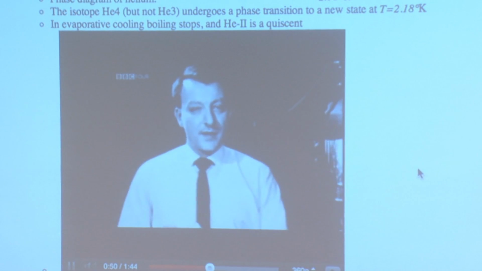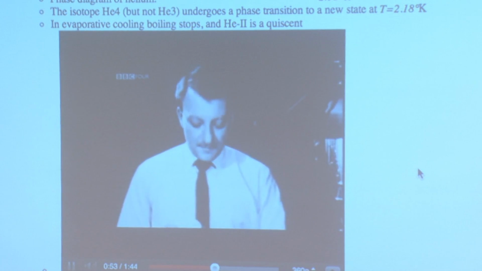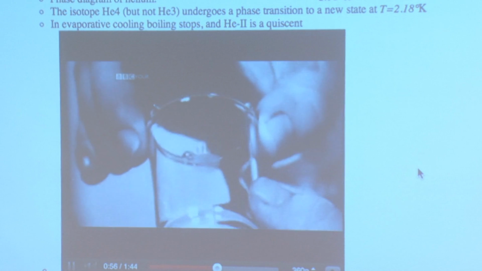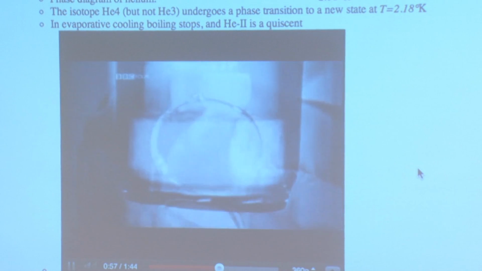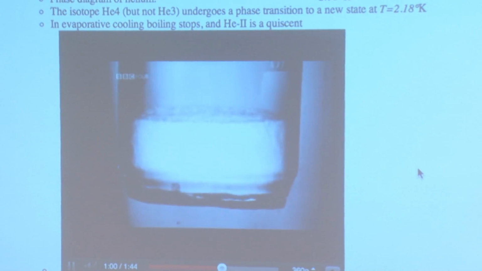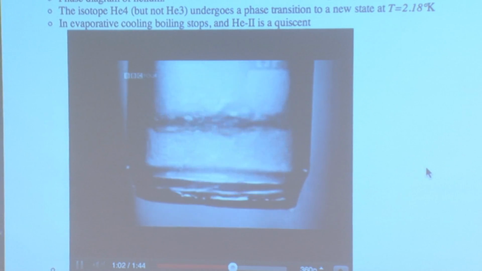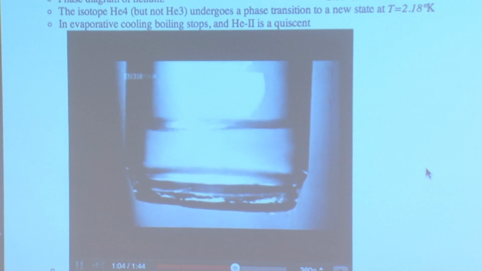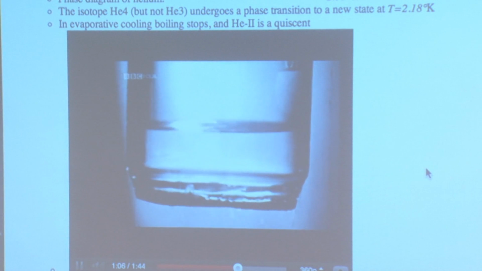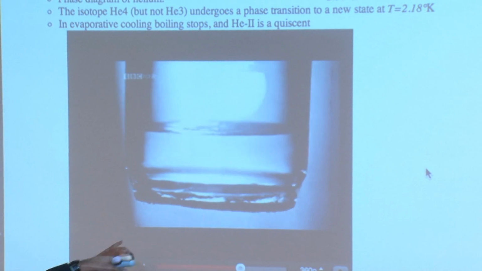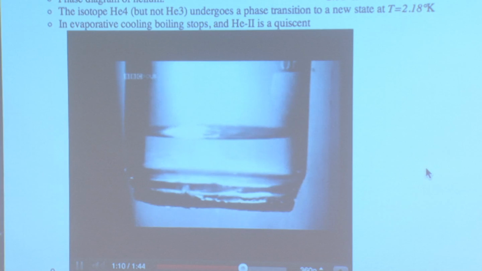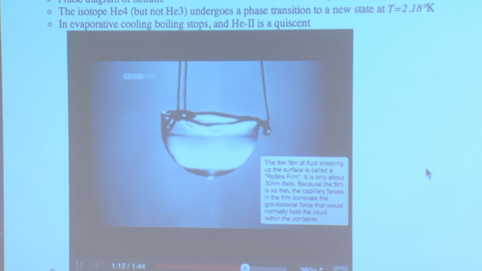Here I have a beaker with an outlet. But this is just a segment of it that shows the important property of this fluid, helium-2, which is superfluidity. So now you are above the temperature at which it was boiling. When it quieted down, you can see that the fluid started to go through the capillaries at the bottom of this glass.